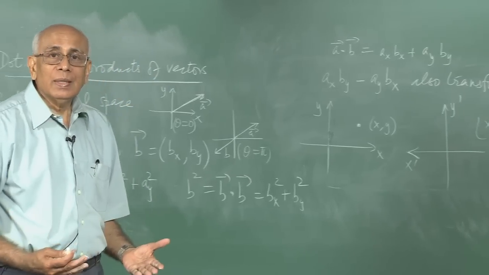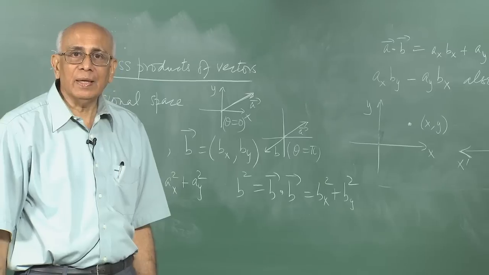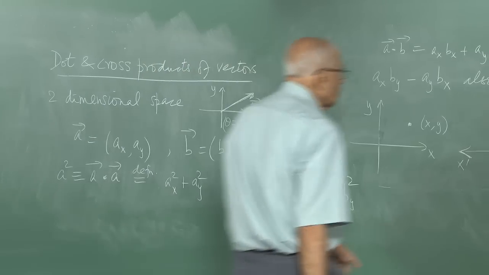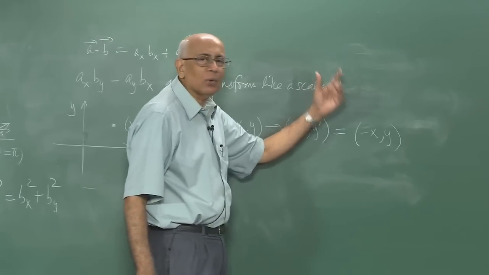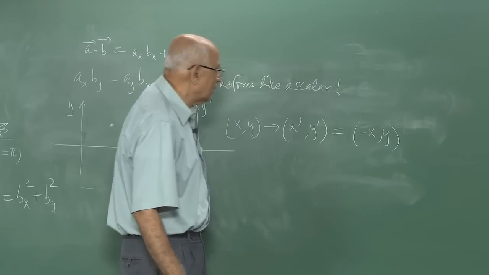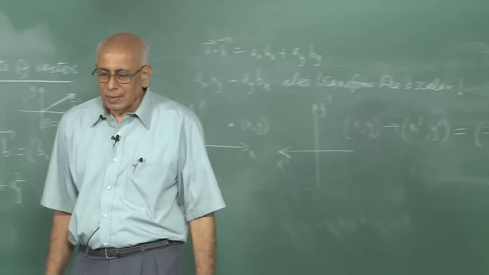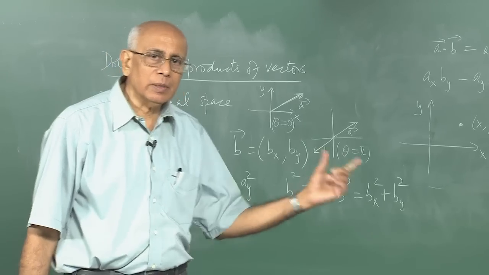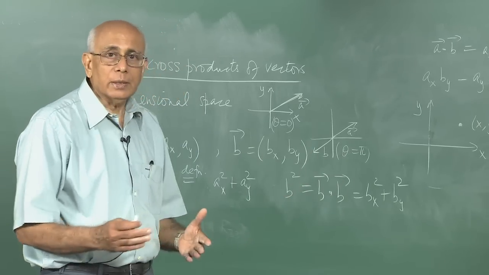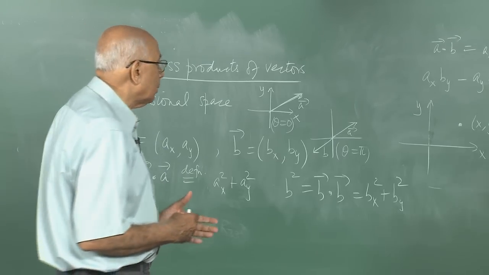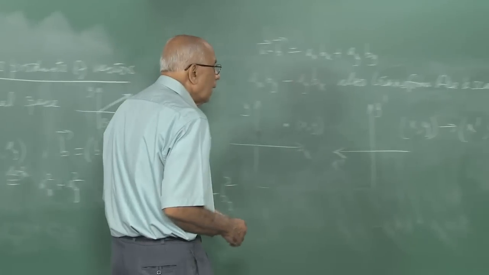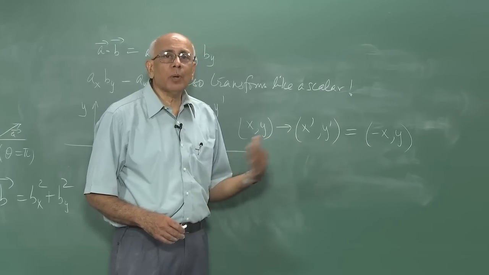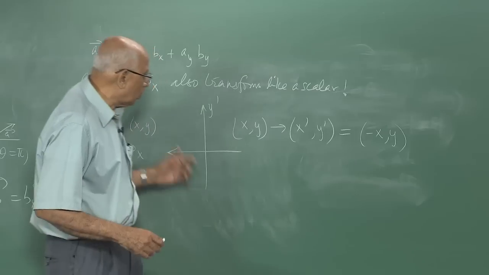Now this too is not going to affect your definition of a scalar, because the distance from the origin does not change. x squared plus y squared is the same as minus x the whole squared plus y squared. So what is happening is that one component changing sign in two-dimensional space is not obtainable by a rotation of the axes, and a transformation of this kind is called an improper transformation, as opposed to a proper rotation.